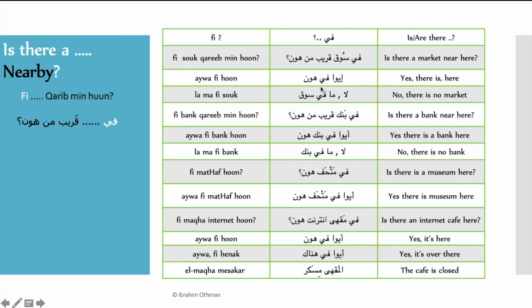So aywa fi, aywa which means yes, fi there is, huna here. Or they would say la, no. Ma fi, there isn't. So if fi means there is, then ma fi means there isn't or there aren't.